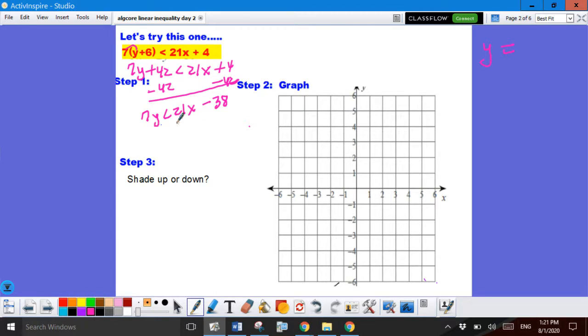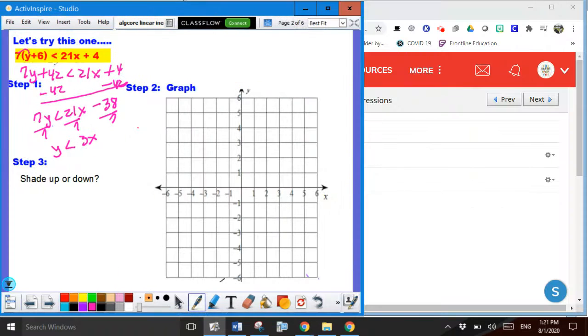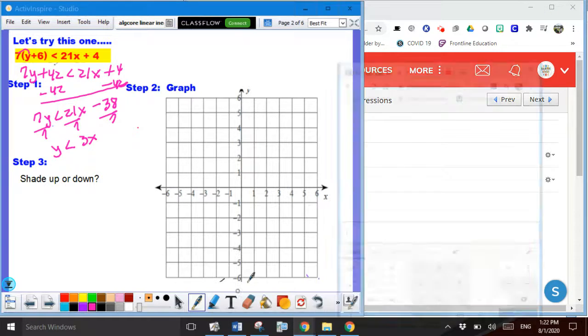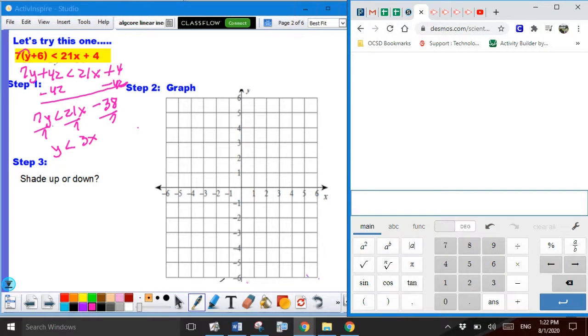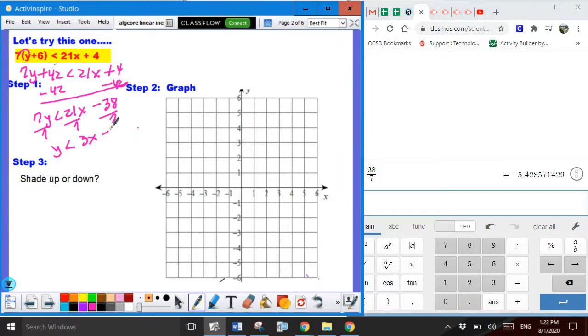And now I am dividing by 7. So y less than 3x, and I need that decimal, so I'm going to pull up my calculator here. Negative 38 divided by 7 is going to give me negative 5.4.